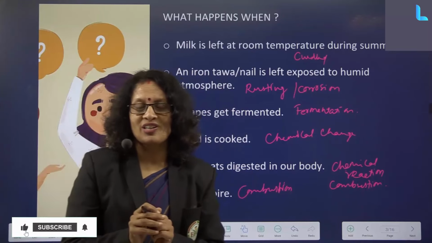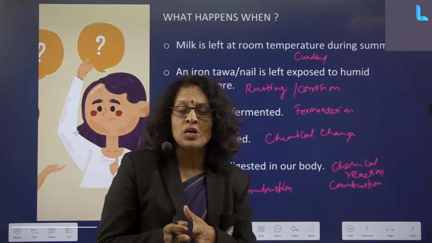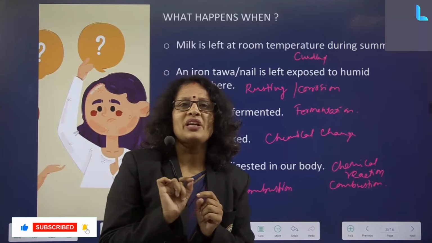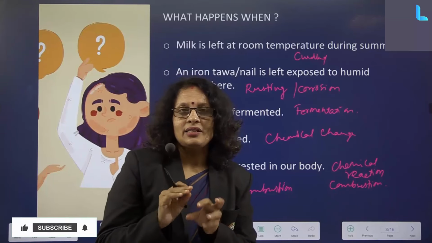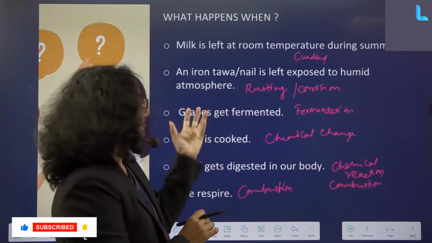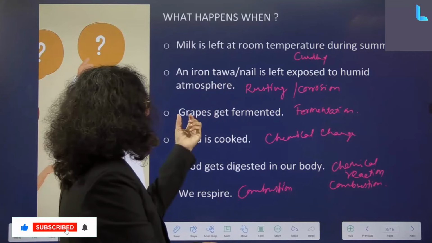That process is called corrosion. Rusting is an example of corrosion. Corrosion means degrading of the substance. The substance will start breaking into flakes, and the iron gets weaker by this kind of corrosion. So this is also a chemical reaction taking place here.